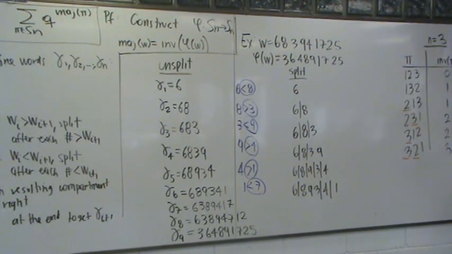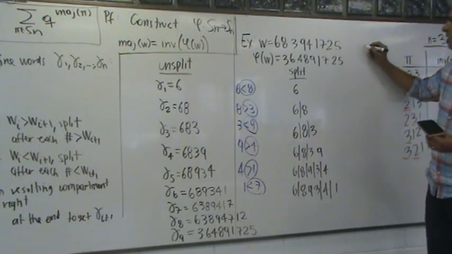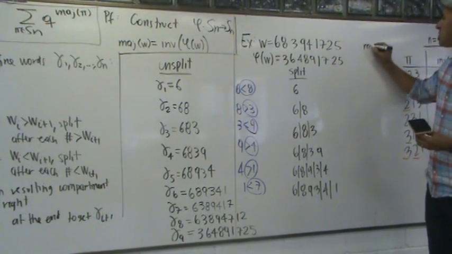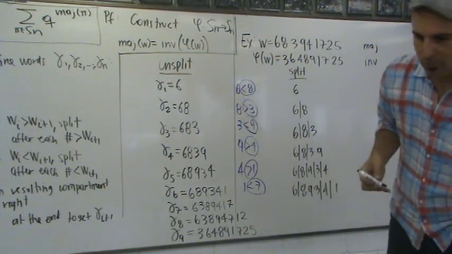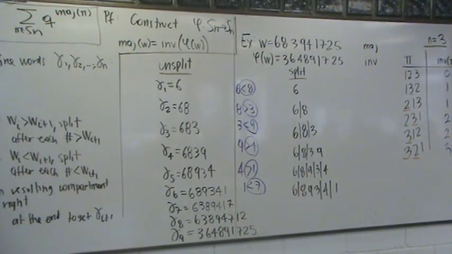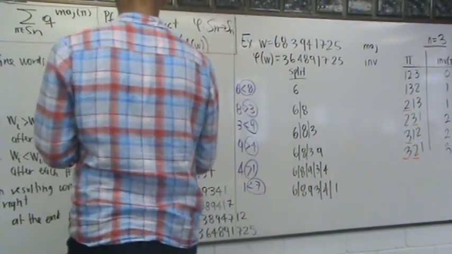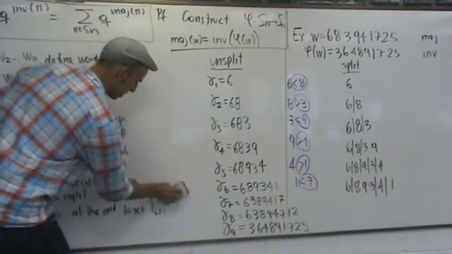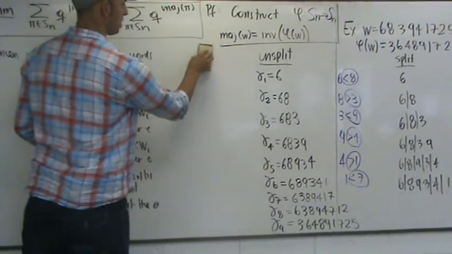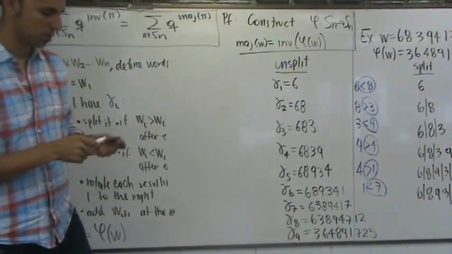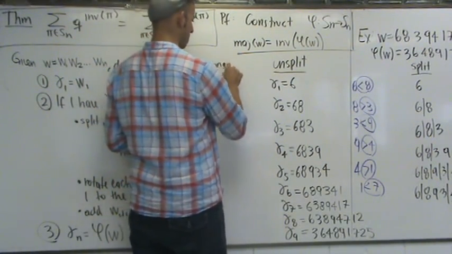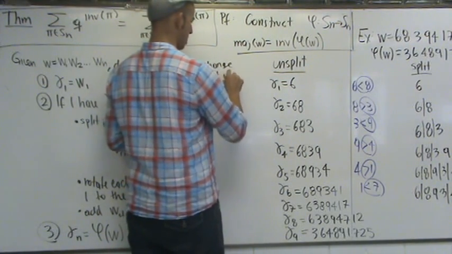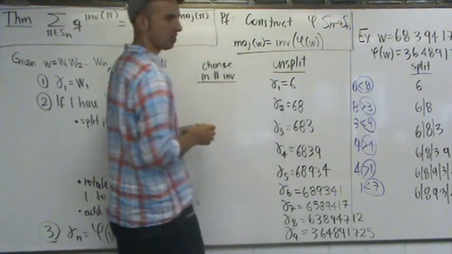Let me explain a little bit about why it is the case that the major index of this guy is the number of inversions of this guy. I'll say one word about this, and again there's a proof in the notes. The key fact is, what is the change in the number of inversions when I do this process?